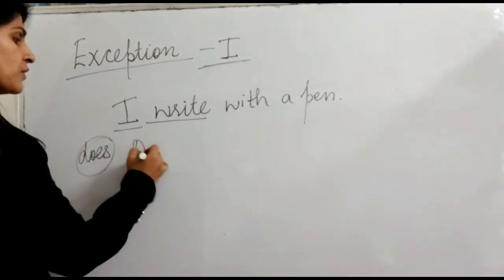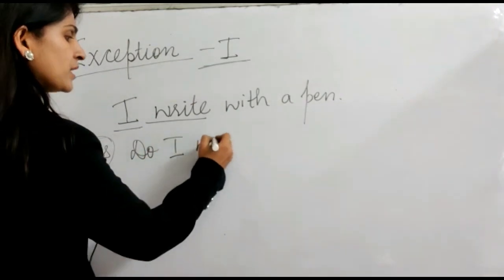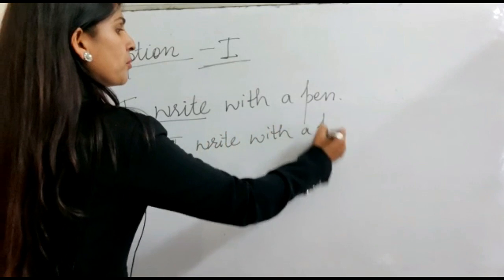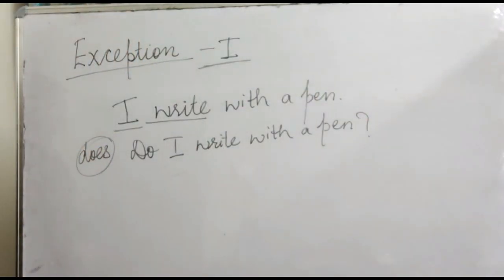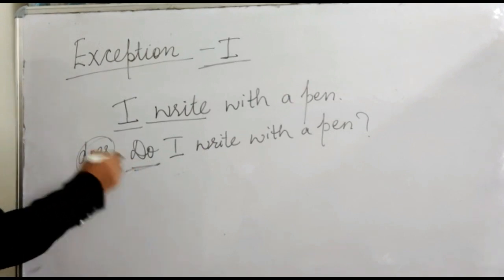We will start it with do. Do I write with a pen? And then the question mark. I is the only exception with which we use the rules of plural. We have started this interrogative sentence with do.